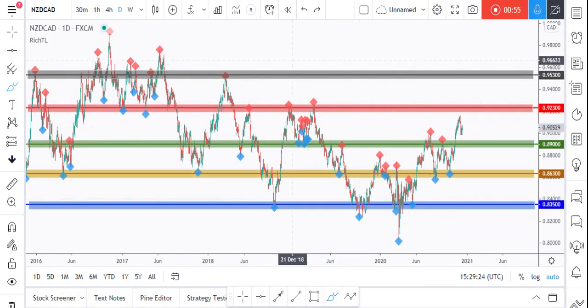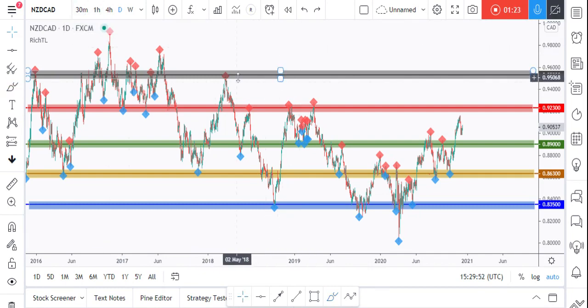Those who know me know that I only draw my support and resistance from daily and weekly time frames. As you can see, here we have NZDCAD daily time frame, and I already have drawn my support and resistance. We'll be using these support and resistance, or what I call key rejection levels, to look for potential buy and sell setups on lower time frames like H4, H1, and M30.